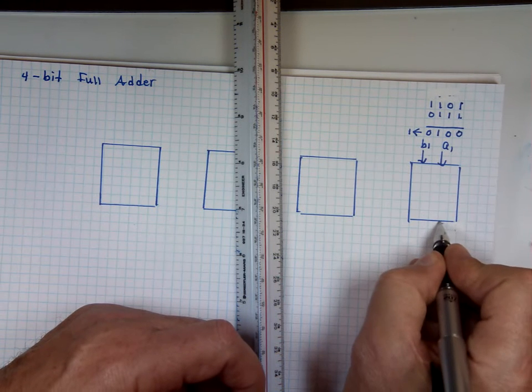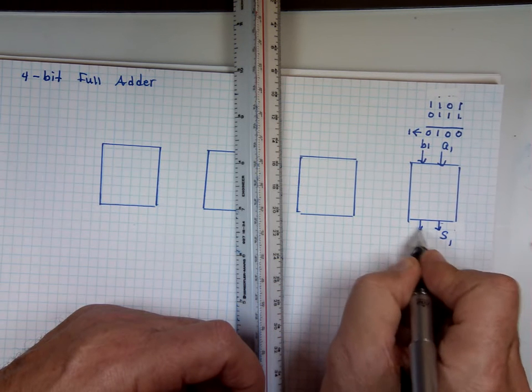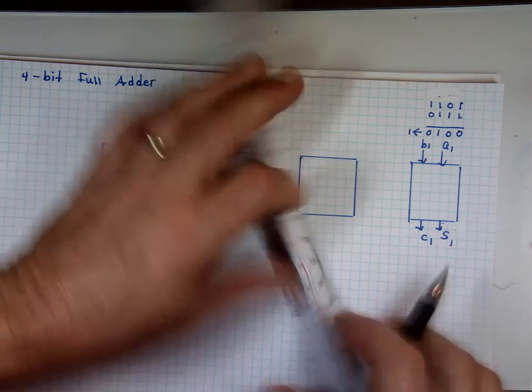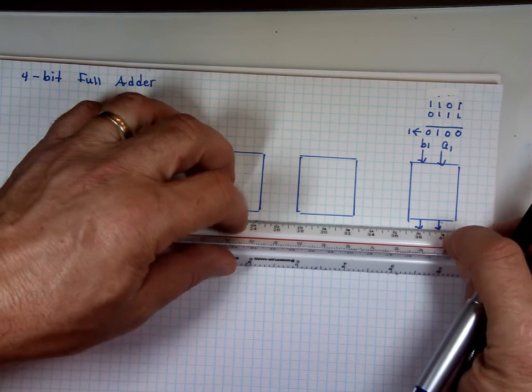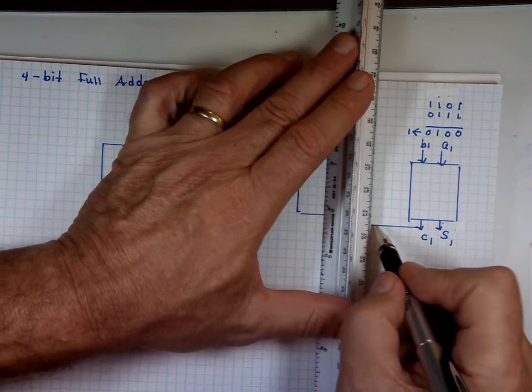It has a sum, which will give me S1. It has a carry, we'll call it C1. So what's going to happen to that carry? That carry is going to be looped around and entered into the second one.